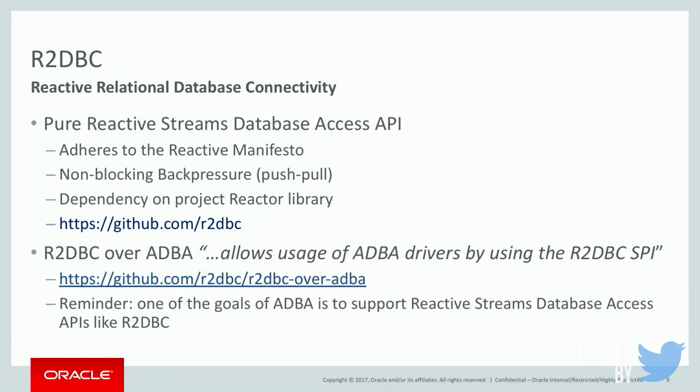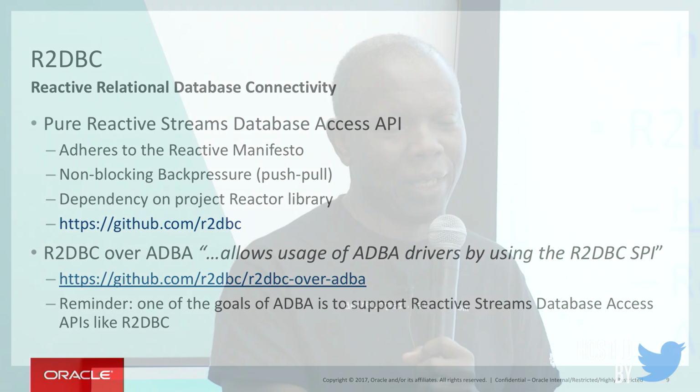So what is R2DBC? It is Reactive Relational Database Connectivity, proposed by Pivotal. It's on GitHub; you can see the links there. It adheres to the reactive manifesto, with non-blocking back pressure. It has a dependency on a reactive library. Remember what I said, ADBA has no dependency on third-party libraries, whereas this has a dependency on the Reactor library, which is different from the one you would get from Lightbend, for example.